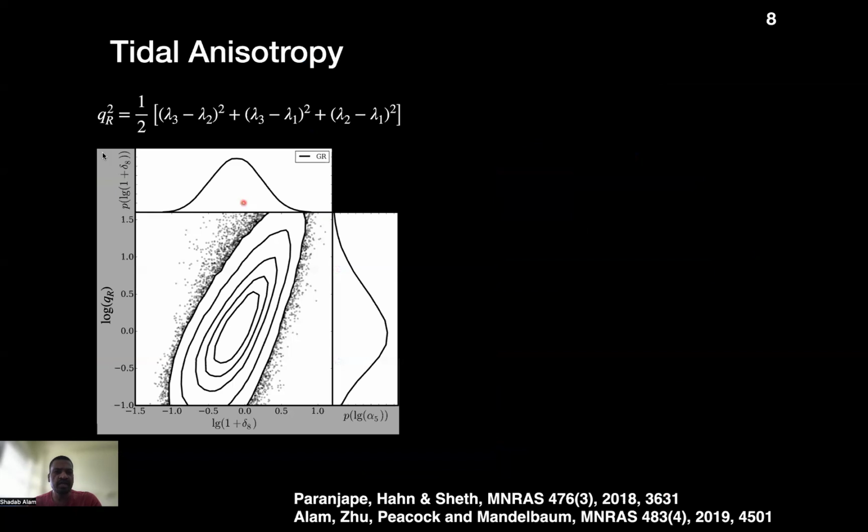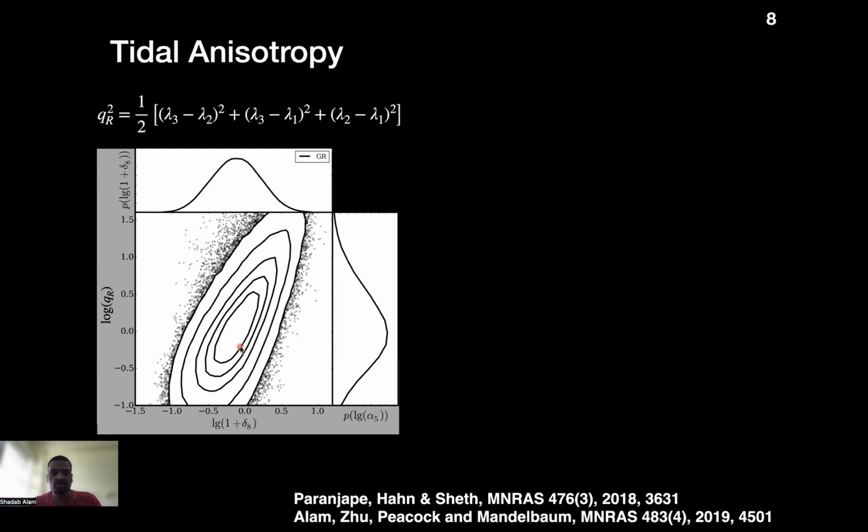So if you look at the tidal shear, for a simulation, and plot it as a function of overdensity, which is the first quantity I defined, at some scale, what you'll find is that the tidal shear is actually quite correlated with overdensity. And this is not ideal if you want to look at the two different things and separate them. If they are highly correlated, it makes everything much harder to interpret.